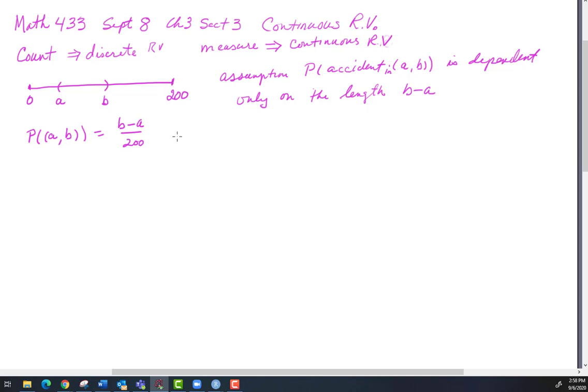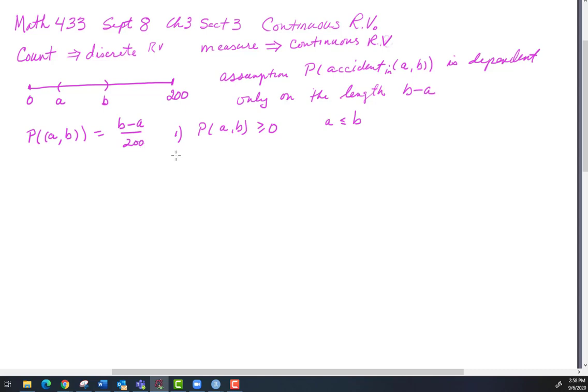Then if this is going to be our method of operation, we've got a probability function because, number one, the probability for any interval AB is going to be greater than or equal to 0. It's going to be B minus A, and another understanding here is A would be to the left of B, so B minus A would be positive over 200.